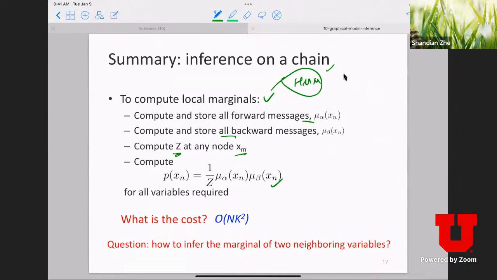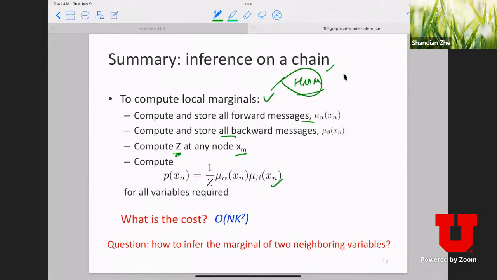And you can use a similar procedure to find the configuration of those variable values which maximizes the joint probability. This is called the Viterbi algorithm. If you're from the EE department, you should at least have heard of this term, Viterbi algorithm. Anyways, it doesn't matter.